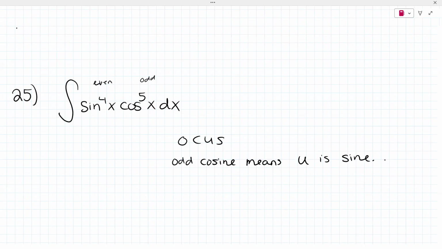So odd means u is sine, so maybe we can break down cosine 5 of x using your Pythagorean identities.